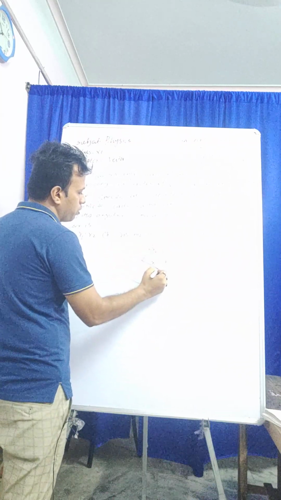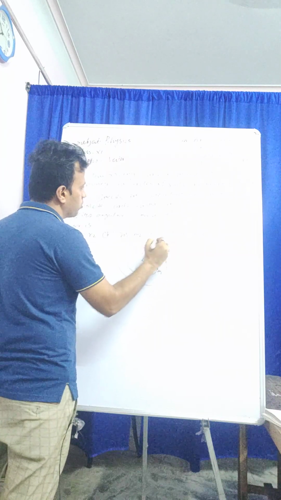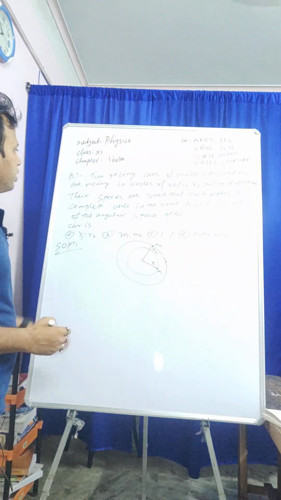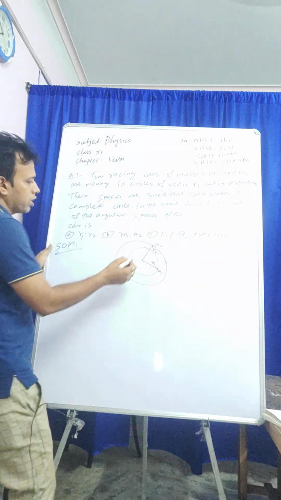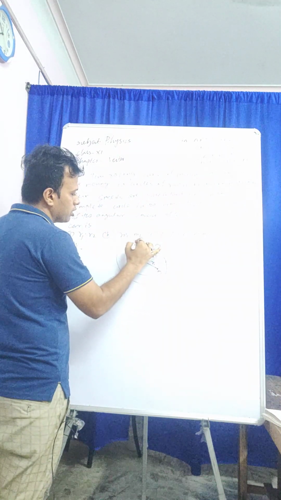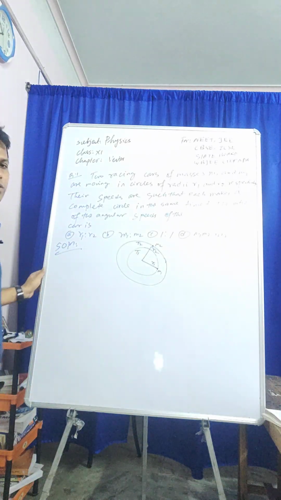This one has mass m1 and this one has mass m2. Each makes a complete circle in the same time, so time period t1 and t2.